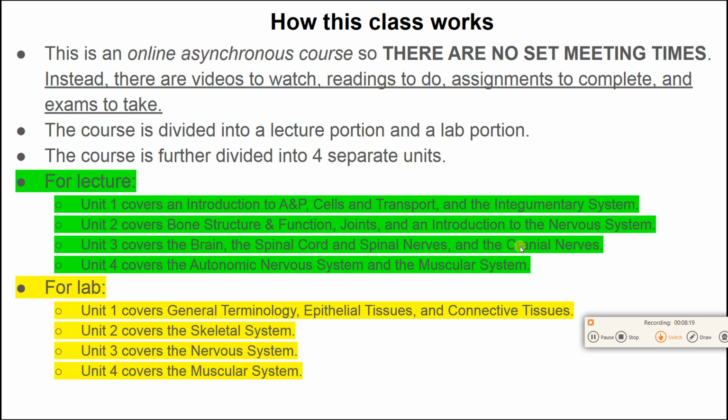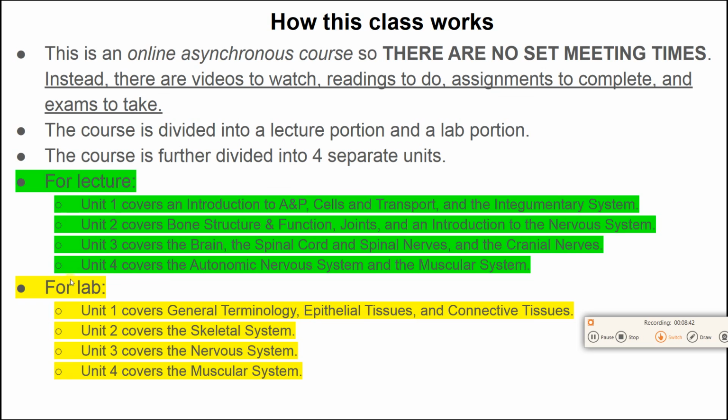Cranial nerves come out of your brain, spinal nerves come out of your spinal cord. More on that later. Unit 4 is about a special part of the nervous system called the autonomic nervous system, plus the muscular system.